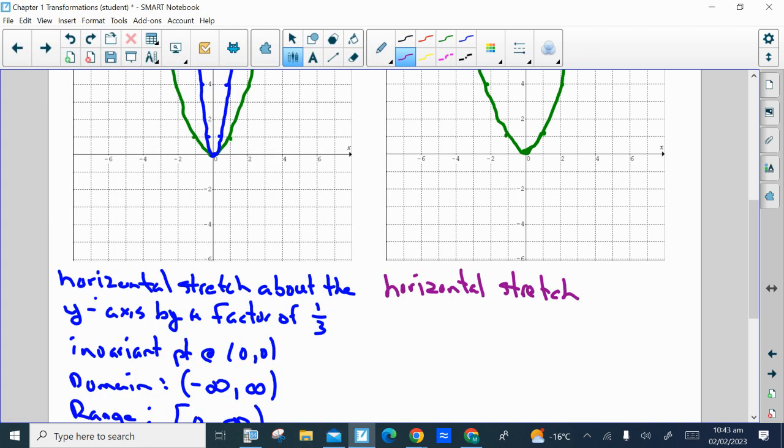Horizontal stretch about the y-axis by a factor of 4.